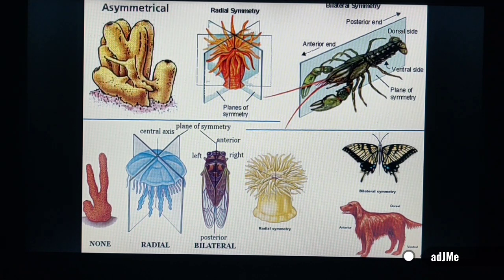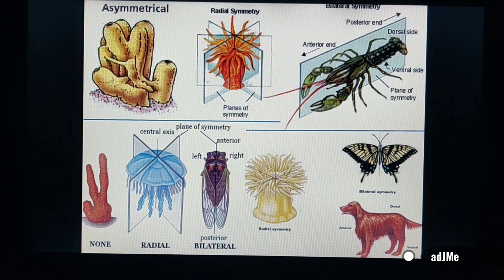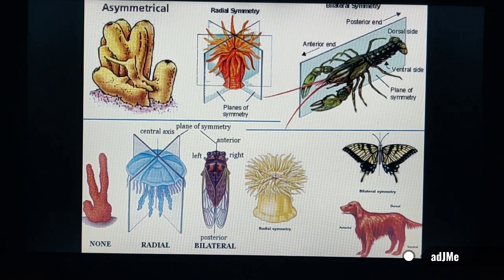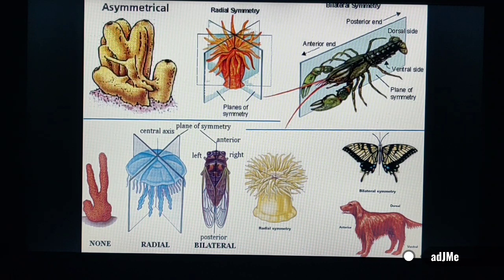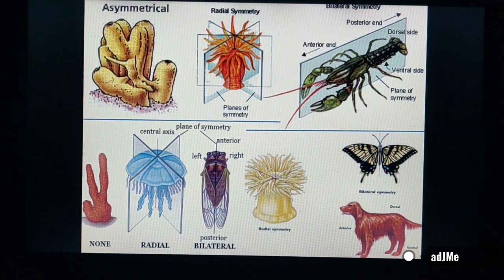So again I repeat, leftmost top corner sponges, and bottom leftmost sponges, examples of asymmetry, which cannot be divided into any equal halves. Then in the center I have a jellyfish, then above, an orange structure, and below, a yellow structure. All these three are examples of radial symmetry, which can be divided into any number of equal halves.